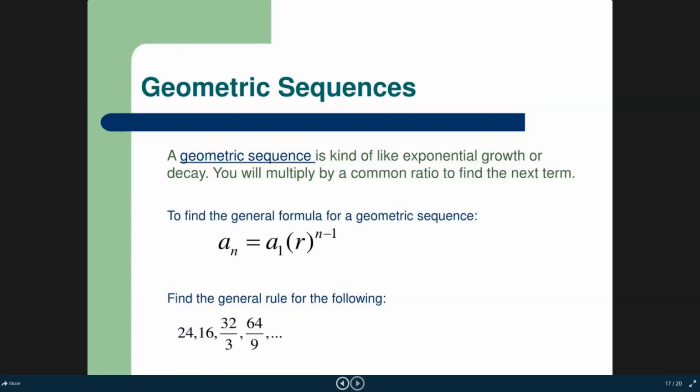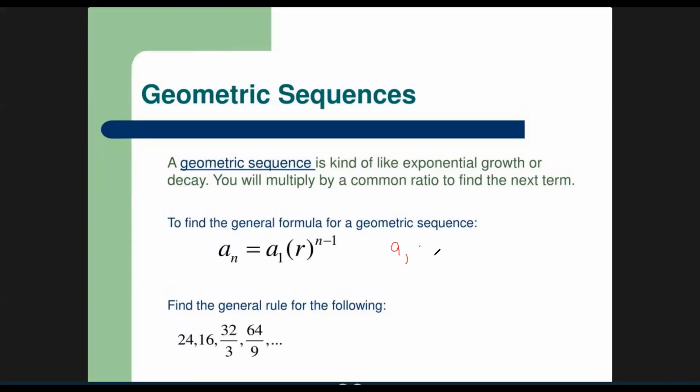And you come up with this formula here, because if I go back to here, the first term is A, the second term will be AR, the third term will be AR squared, the fourth term is going to be AR cubed, and so on. You notice it's the first term times R to the n minus 1.